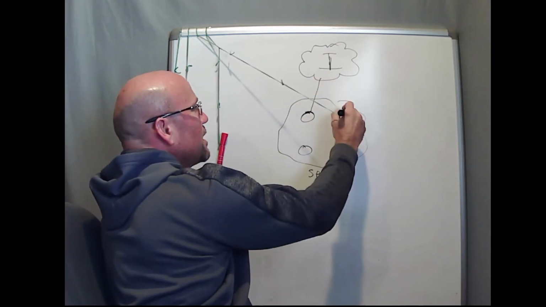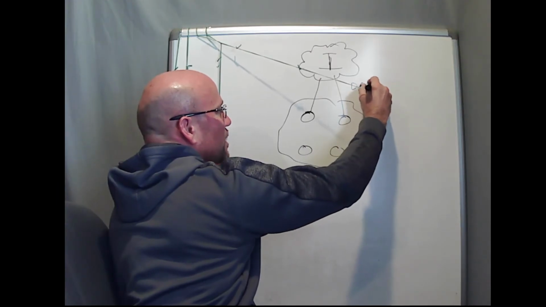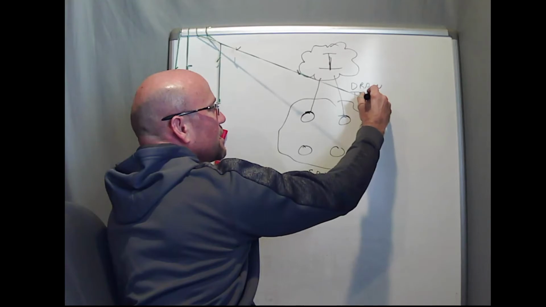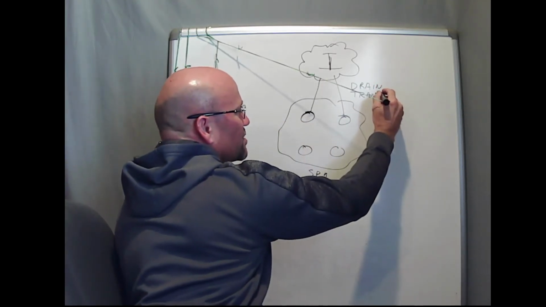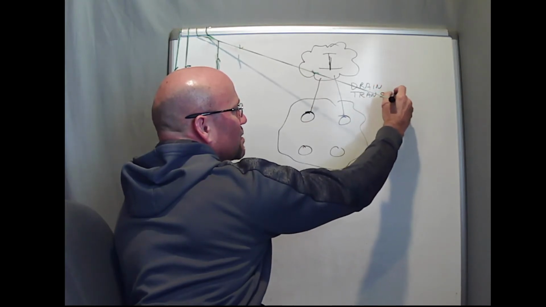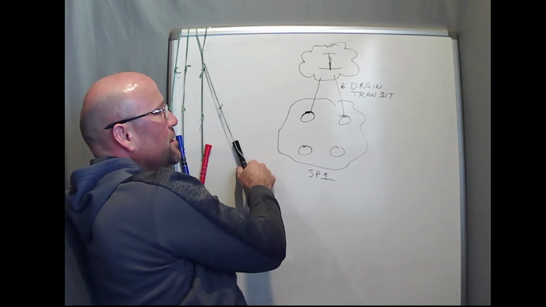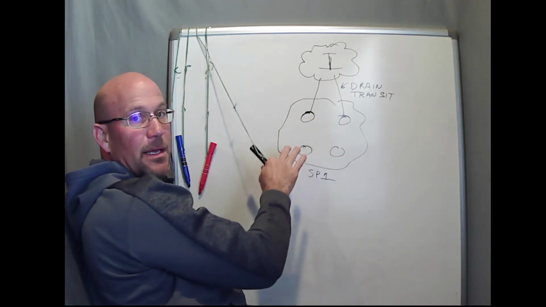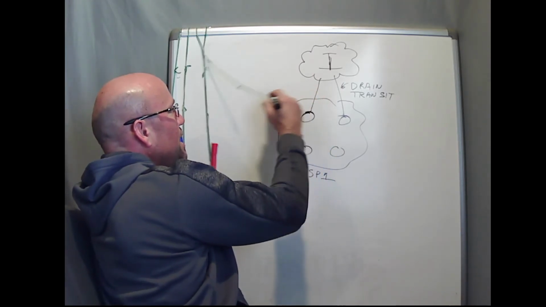When you connect to the internet, this is typically known as a drain, an internet drain, or it's also called an internet transit connection.